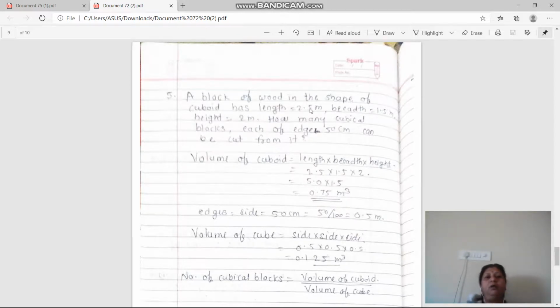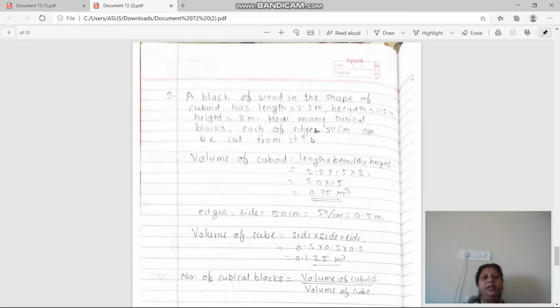A block of wood in the shape of a cuboid has a length 2.5, breadth 1.5, height 2 meters. How many cubical blocks, each of edge 50 cm, can be cut from it? So this is a little bit lengthier example. Here we have to first find the volume of the big wood.